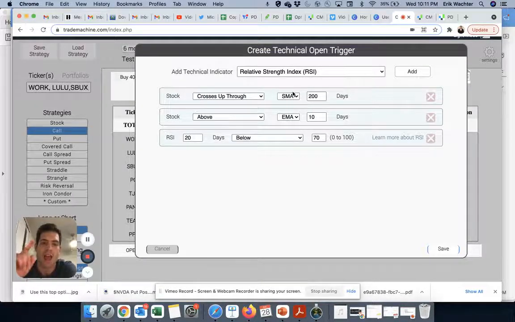The 10-day exponential moving average helps us identify whether the stock has momentum, and then the RSI helps us identify whether the stock is overbought. Okay, so those are the three technical parameters I use when deciding whether I should get long on one of these underlying stocks.